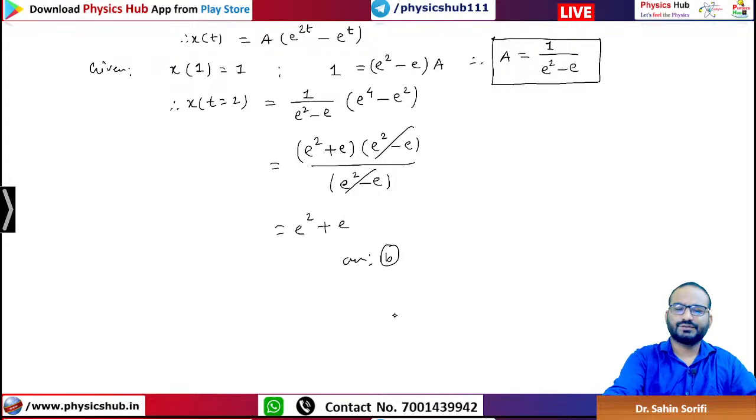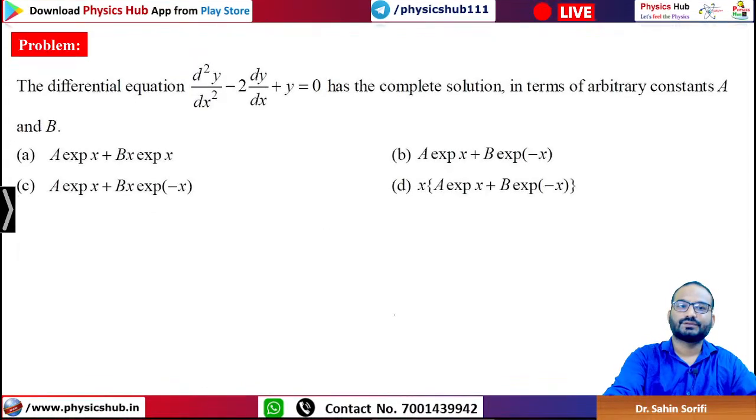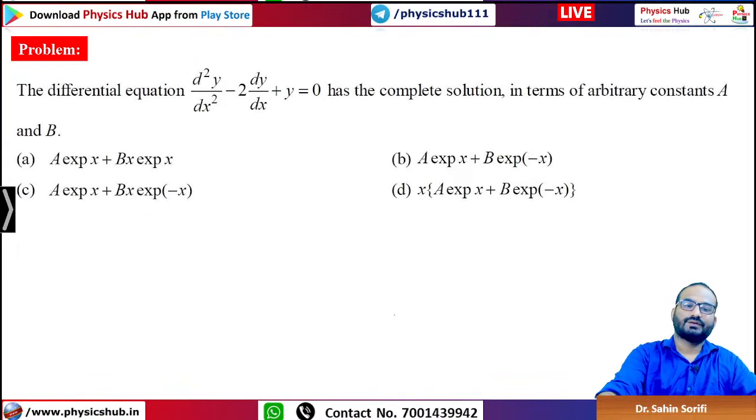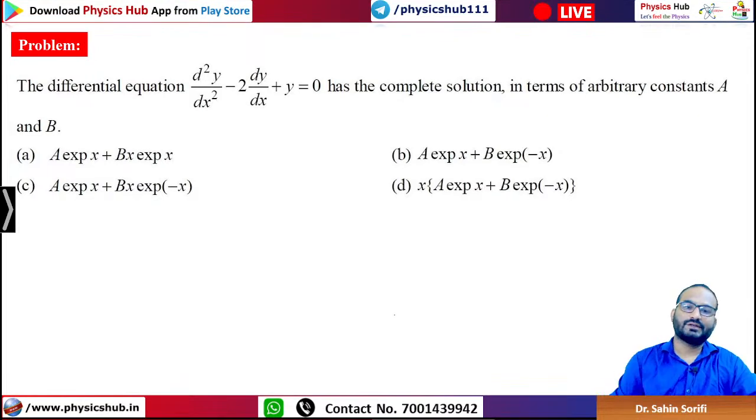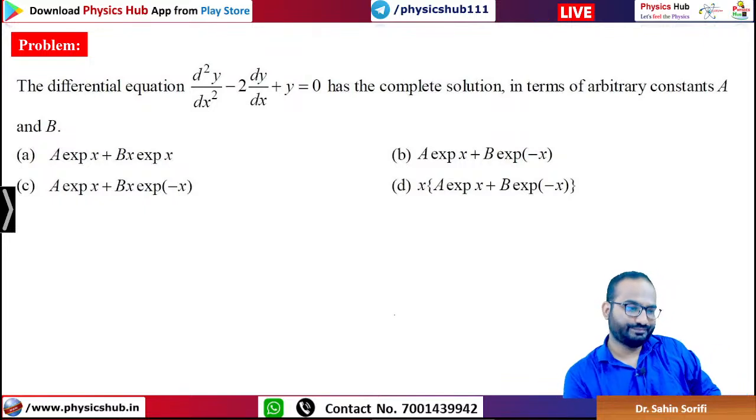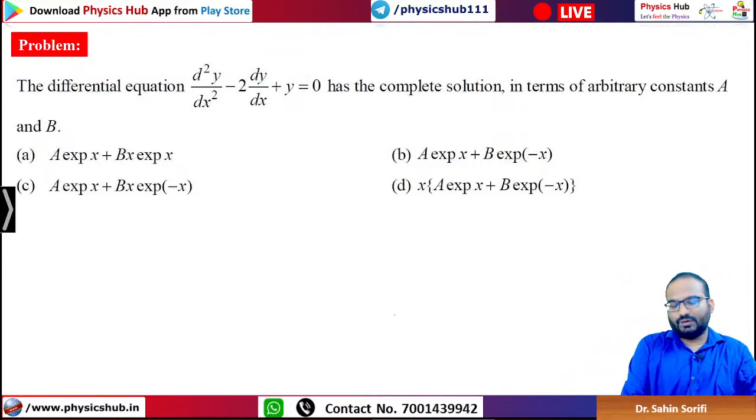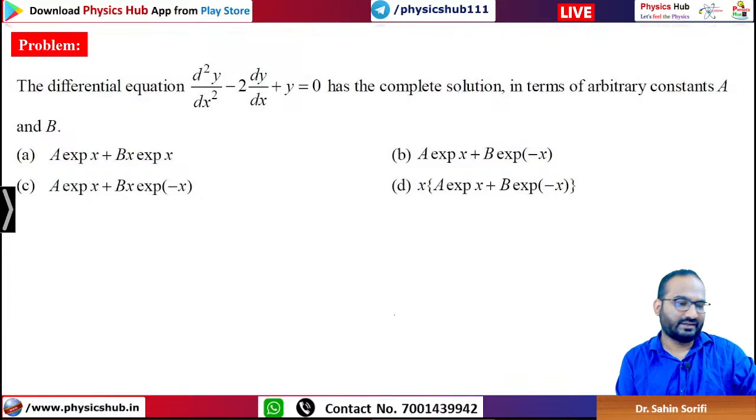Let's move on to the next question. Okay, do this one. The differential equation has the complete solution in terms of arbitrary constants a and b. You won't believe this question came in TFR.